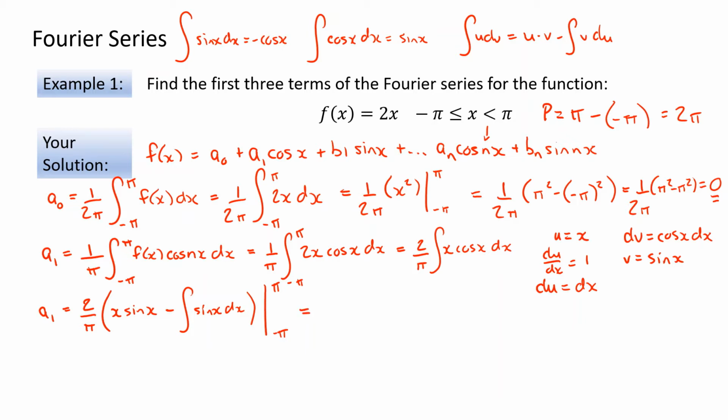So the integral of sine x, remember, is negative cosine of x. So we get 2 over pi times x sine of x, and since it's negative cosine of x, and we have a negative behind the integral, this simply becomes plus cosine of x. And that's evaluated at pi and negative pi.